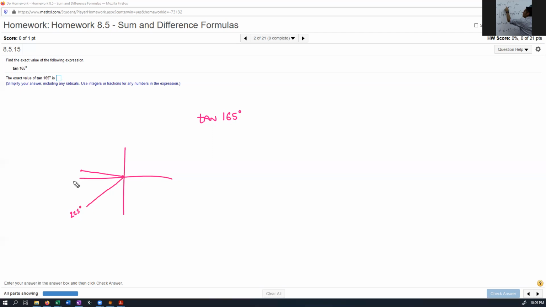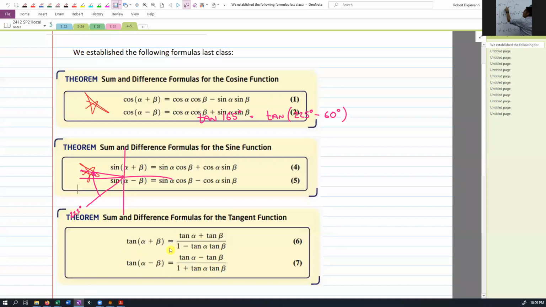So yes, 225 take away 60 degrees will be here. So this is going to be equal to tangent of 225 minus 60 degrees. Now we can use this formula right here. If we have tangent of alpha minus beta, we go tangent alpha minus tangent beta, over 1 plus the tangent of the two multiplied.